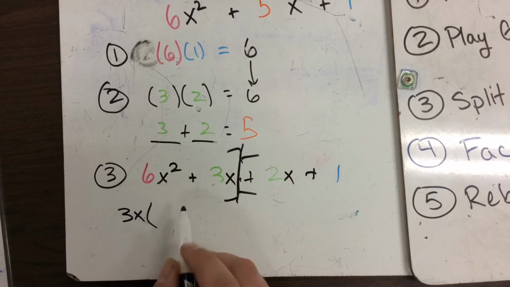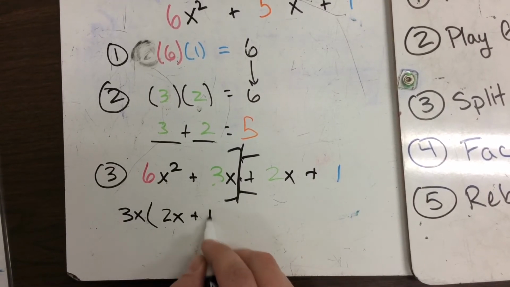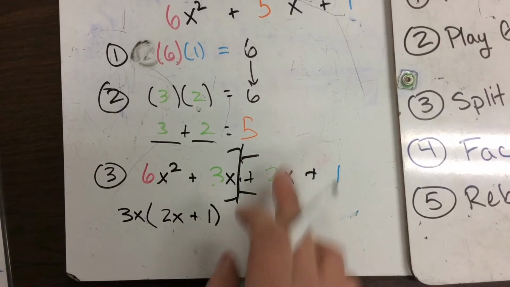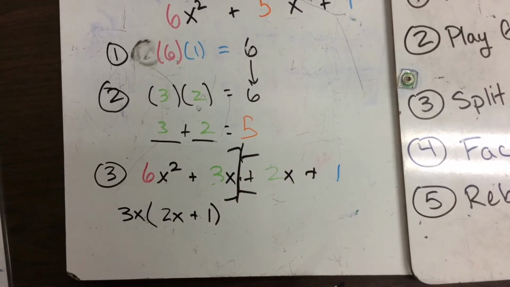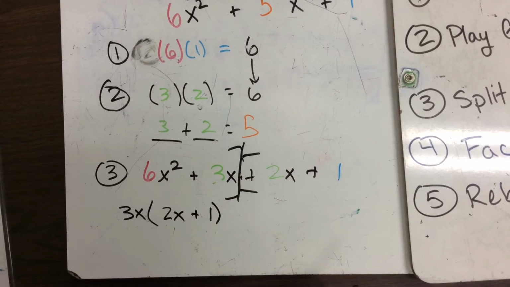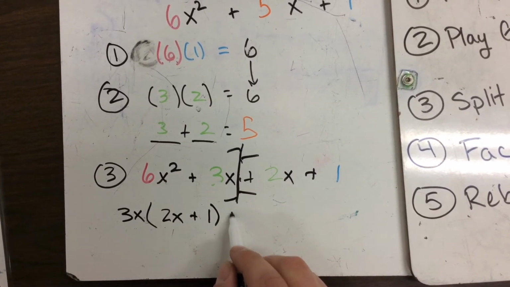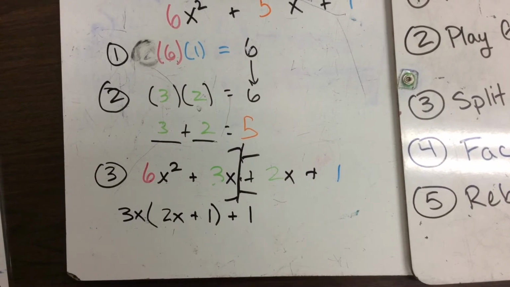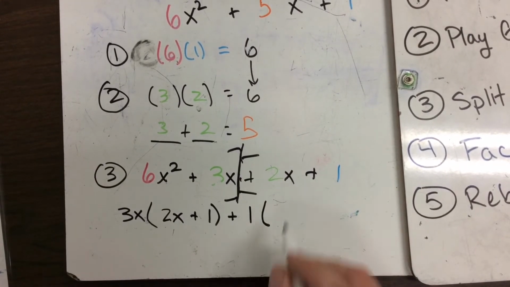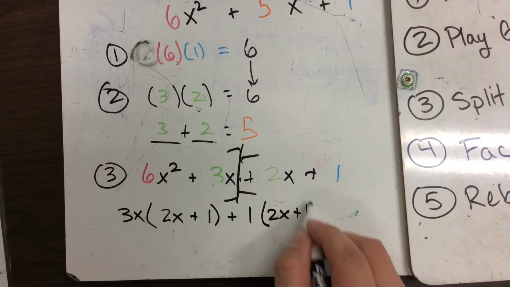So if I pulled out a 3x, I'm still going to have a 2x plus 1. Over on this side, what can I pull out? Well, it doesn't look like I can pull out anything. When that happens, what we do is we say that we've pulled out a 1. What's left in the parentheses? We still have a 2x plus 1.